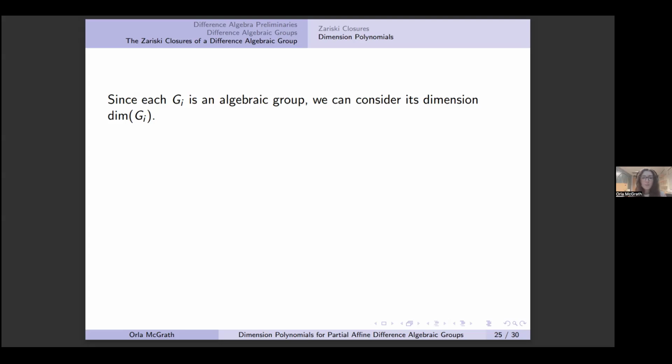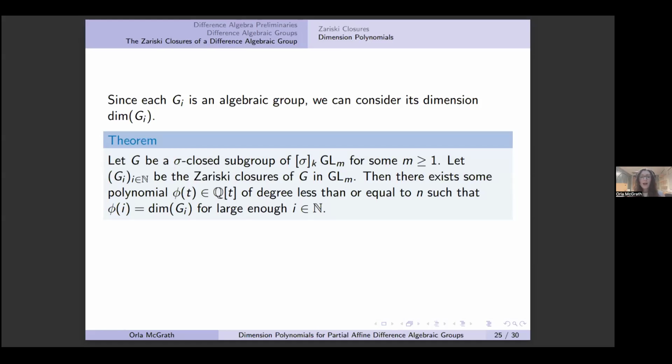And we find that because our defining ideals for these algebraic groups stabilize in this nice way, the dimensions of the algebraic groups stabilize in a nice way as well. And that means exactly that we can find some polynomial such that for large enough I and n, it tells us the dimension of our algebraic group GI.